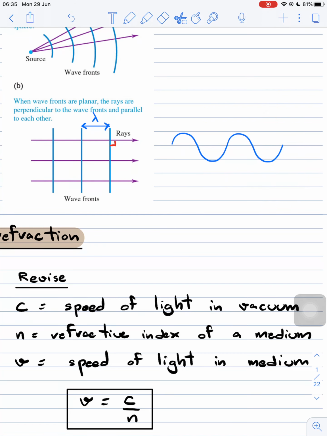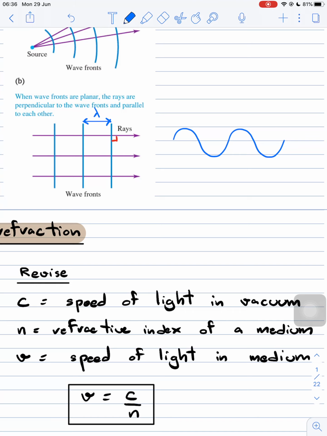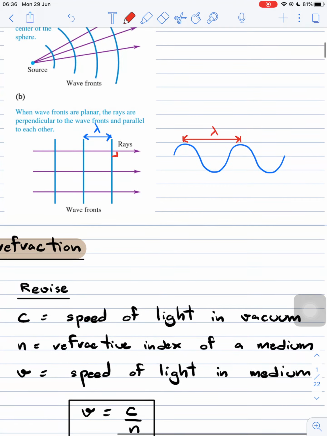If you look at the psi graph here, it means that the distance from crest to crest is equal to one wavelength, lambda.